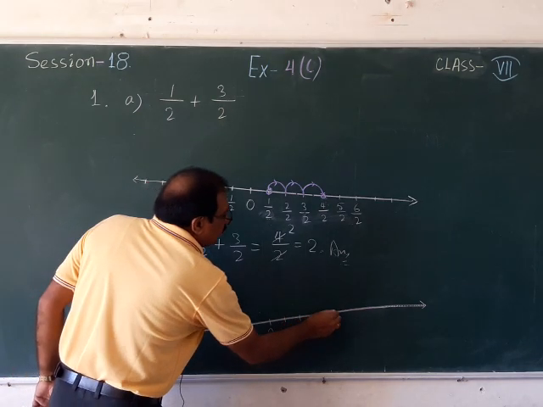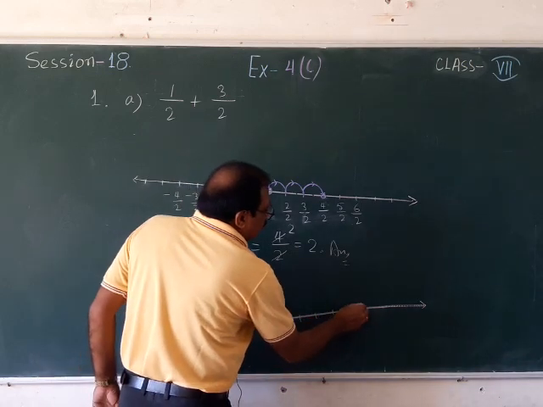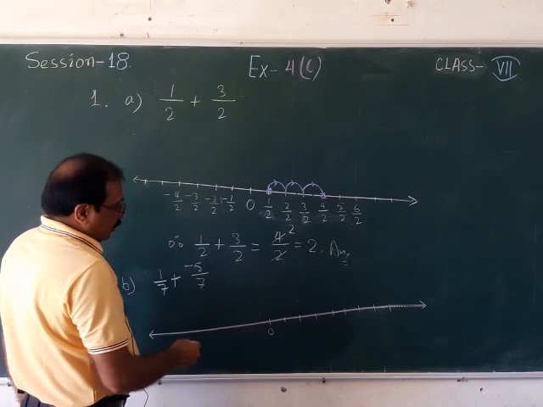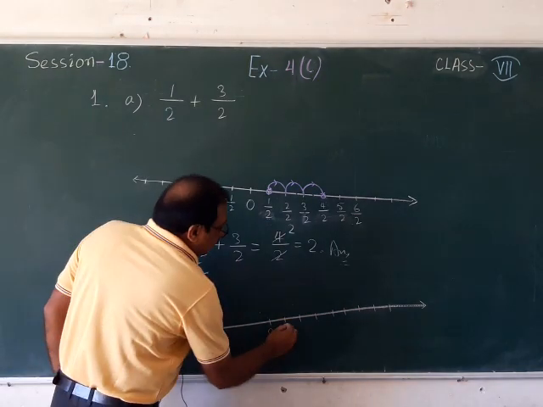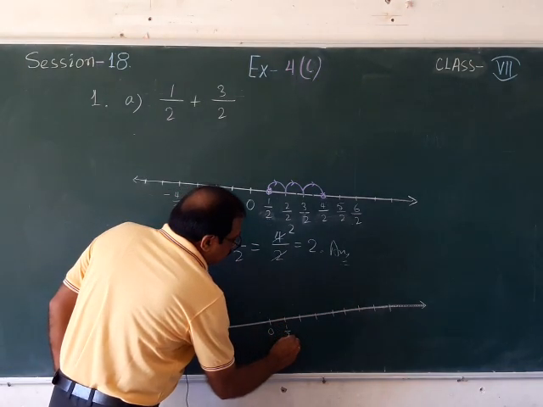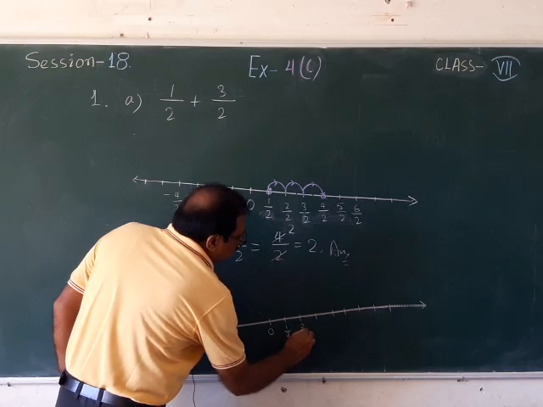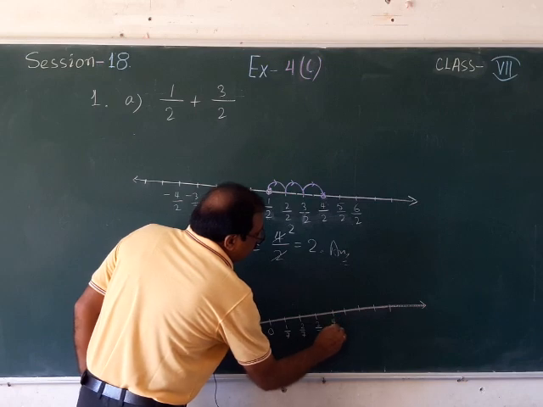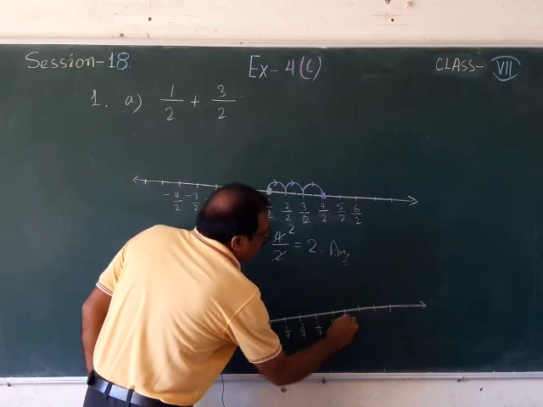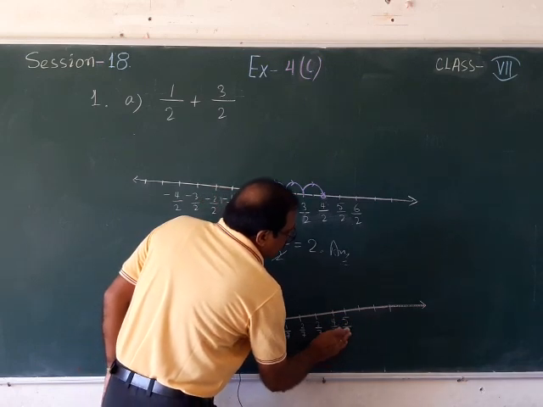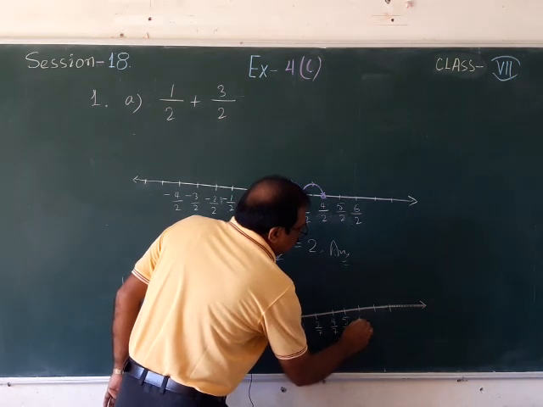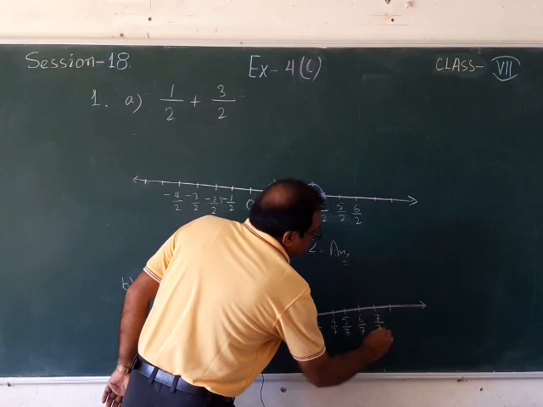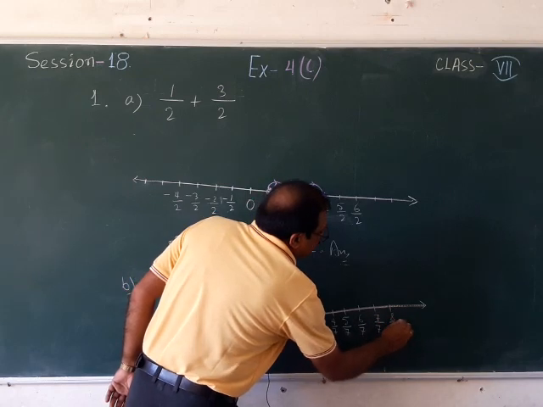Suppose at 1 centimeter I am marking, so that I can adjust these numbers. Here I write 1 by 7, then 2 by 7, 3 by 7, 4 by 7, 5 by 7, 6 by 7, 7 by 7, and then 8 by 7.